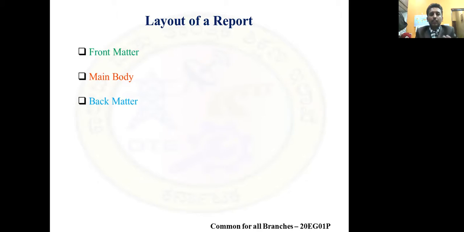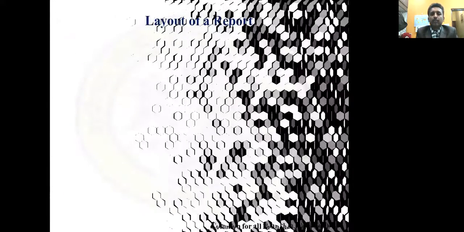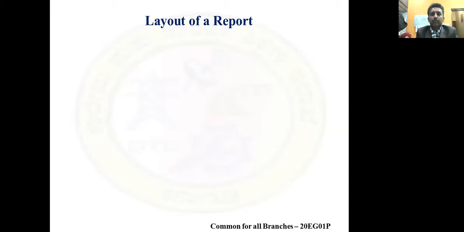Now let us see each one of them. First one, front matter. So all the three parts are important in a report. The front matter consists of certain elements.